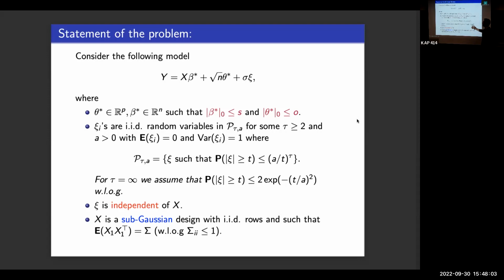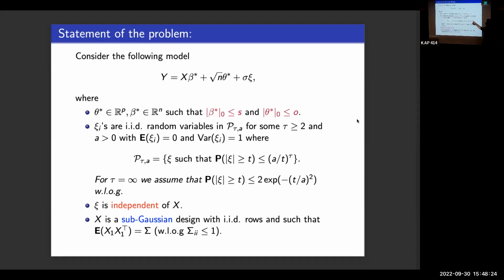What we will assume here is that our noise, rather than the general assumption that it's sub-Gaussian or Gaussian, has tails that depend on some parameter tau. It's a decay of the tail like 1 over t to some power tau. If tau is equal to 2, that corresponds to the Cauchy distribution.